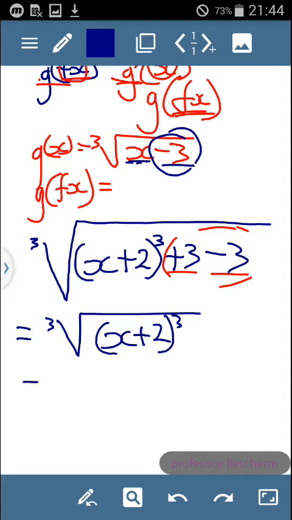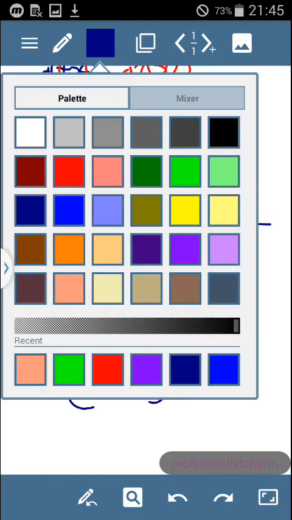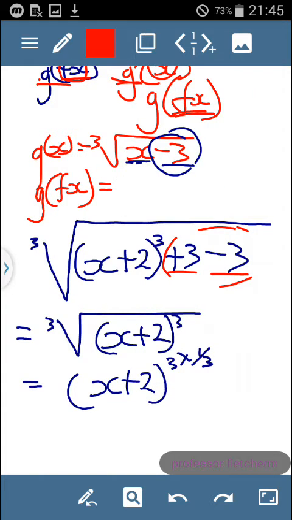If you want to write it in a smarter way, it's going to be the power of a third. That's a cube root. So basically these two will cancel out each other.